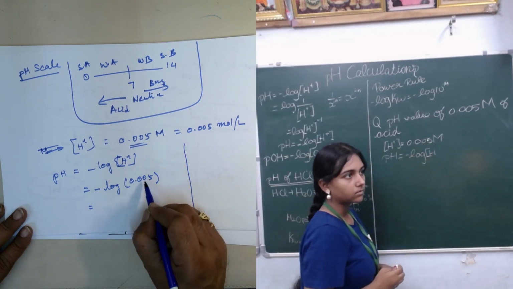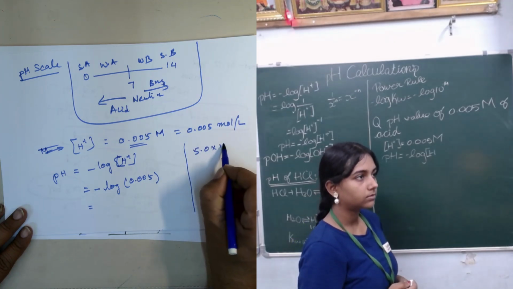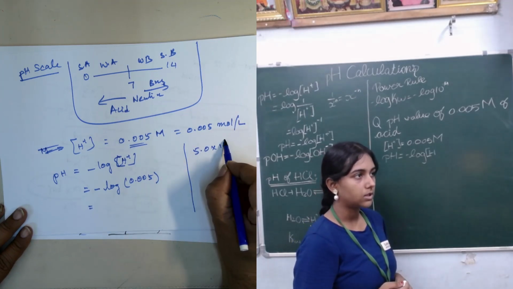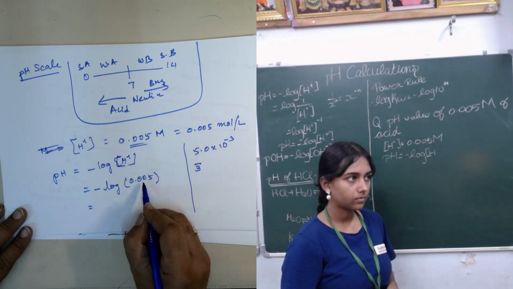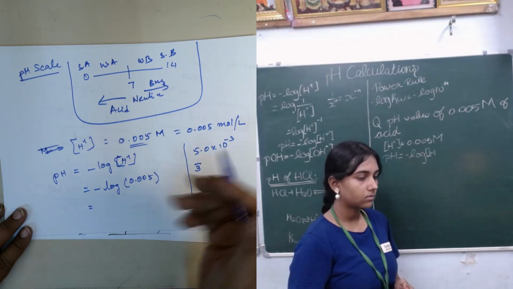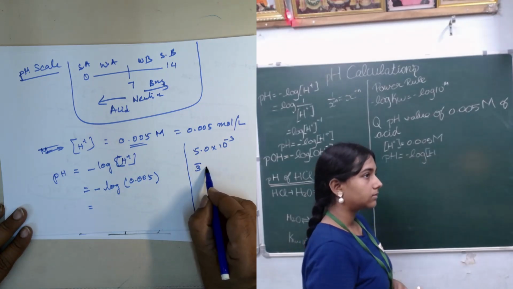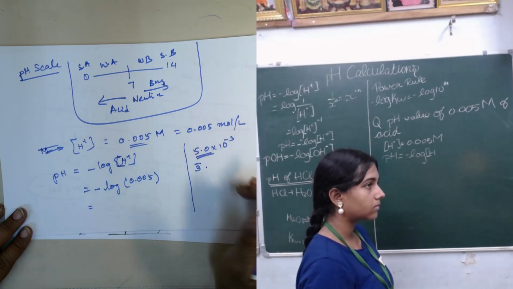First of all, you have to convert this into scientific notation. So this is nothing but 5.0 into 10 power minus 3. So you can put 3 bar. Otherwise, you can simply call it, you have got two zeros. Two zeros means you can put 3 bar. Likewise, you can put 3 bar point, and you have to find out the log of 5.0 or 5.